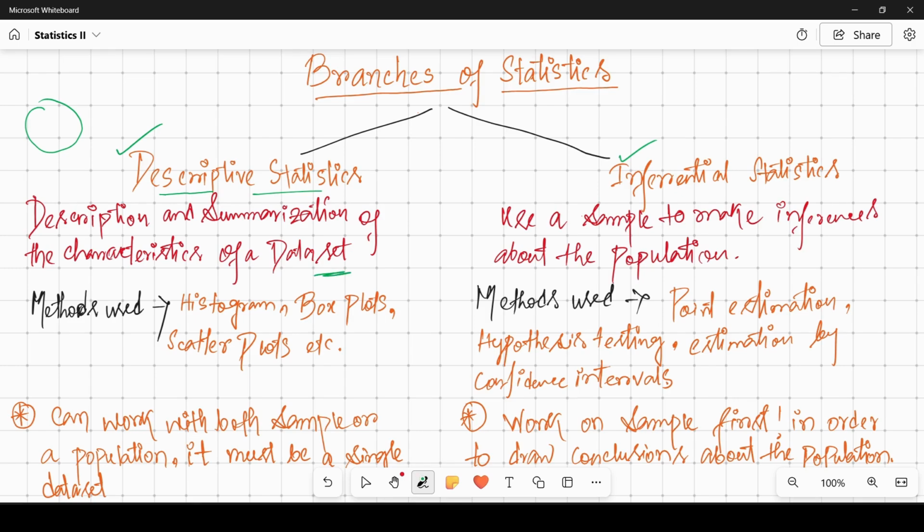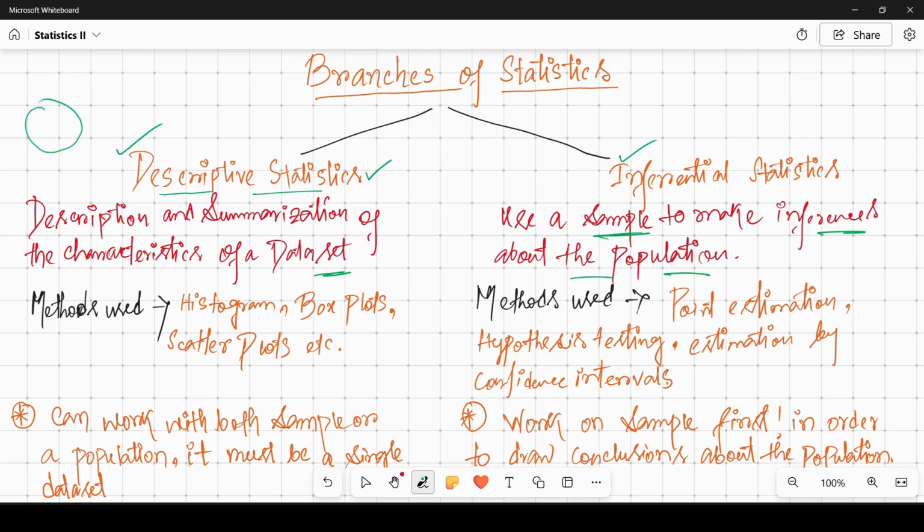That is exactly what descriptive statistics suggests. But on the other hand, if we want to compare inferential statistics with descriptive statistics, then we can see that inferential statistics is something that uses a sample to make inferences about the population.